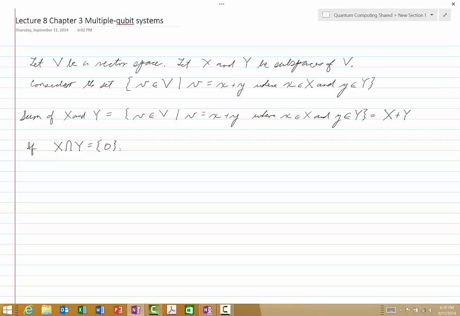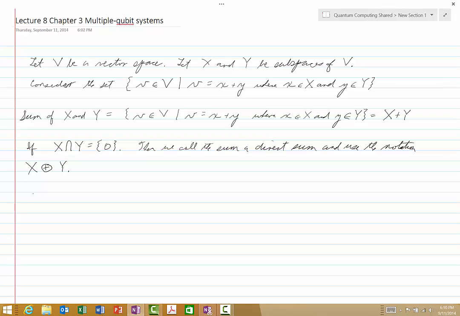So, if the intersection of the two sets consists only of the zero vector, then we call the sum a direct sum and use the notation X direct sum Y. So I wanted to make you aware of that one extra requirement for this to be called a direct sum.